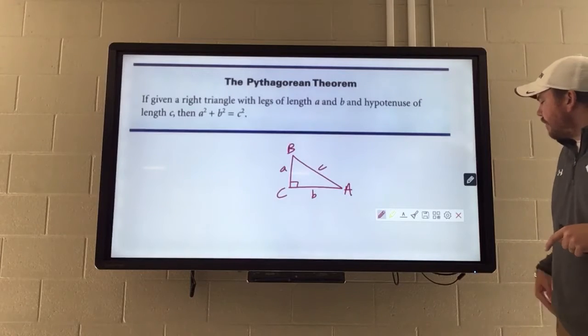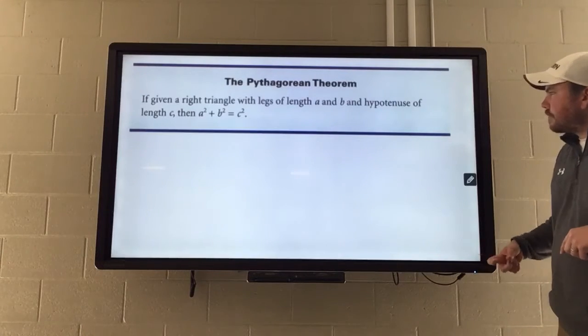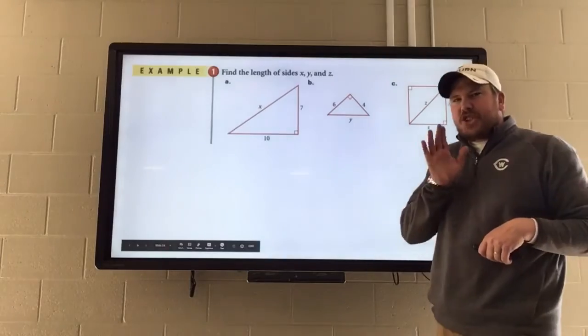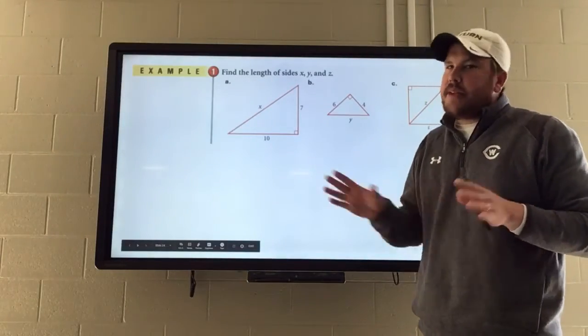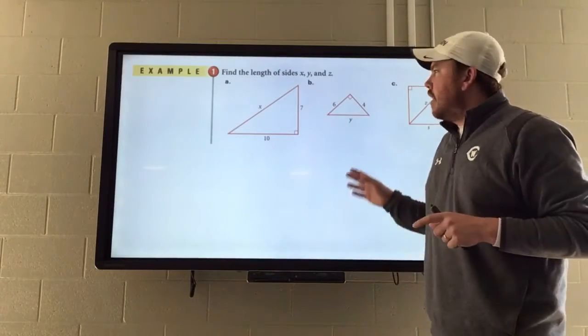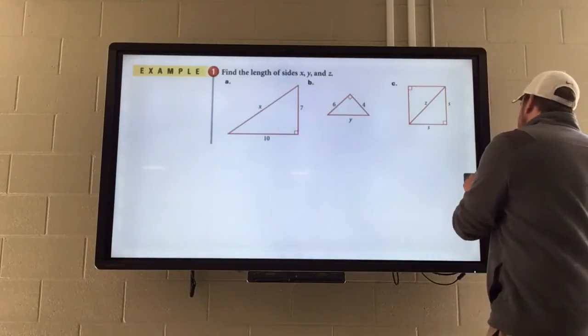That's the Pythagorean Theorem. Now, here's how this is useful. It's useful in really two ways that I want to show you at least now. This is useful in many, many different ways, but for our purposes, just two for now.